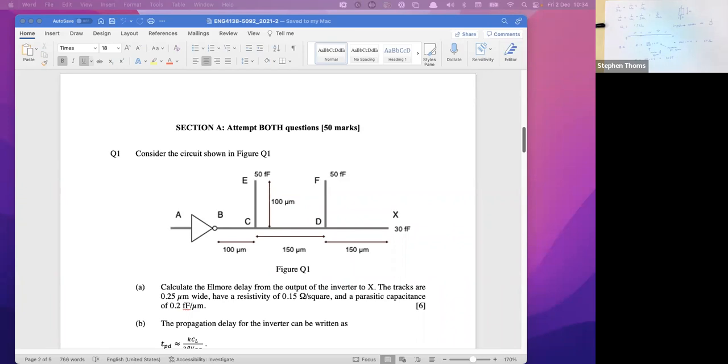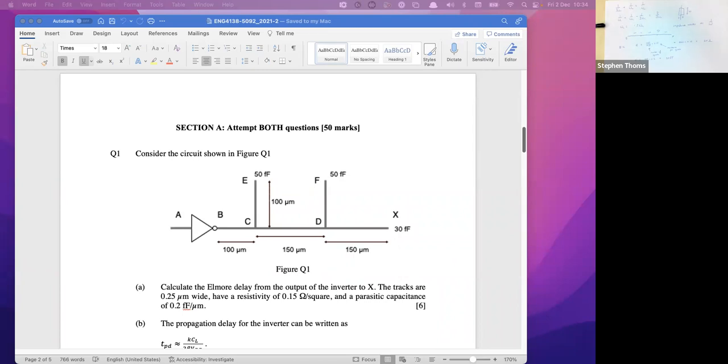Again, in this example, sometimes in examples you're given tracks on different metal layers and told that when you move from one layer to the next layer, you're going through a via which has a certain resistance, and you have to remember to add those resistances on.